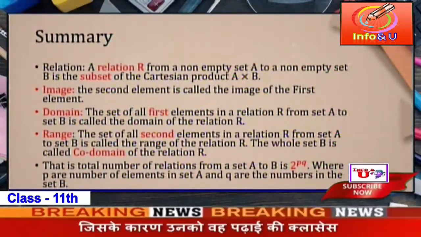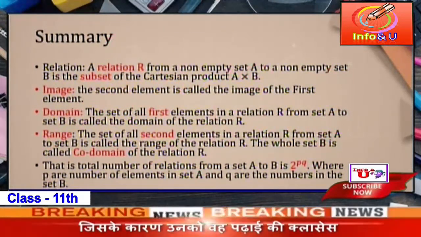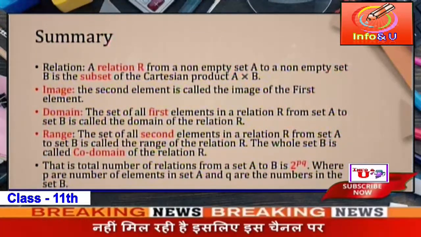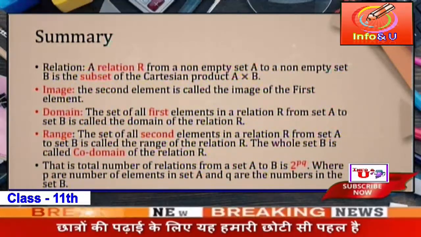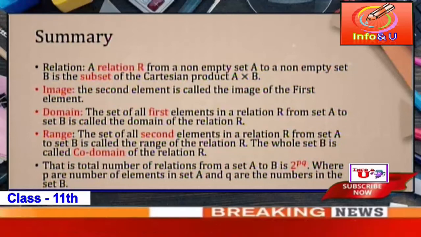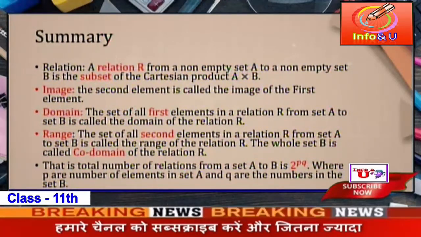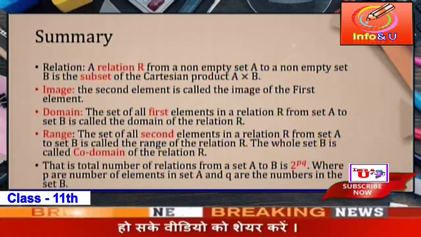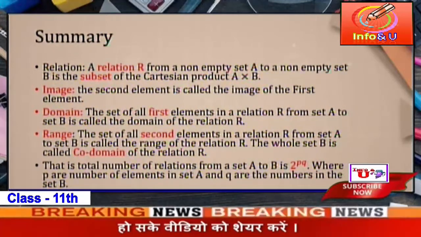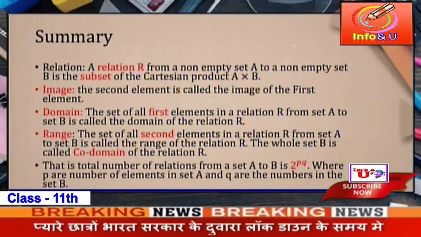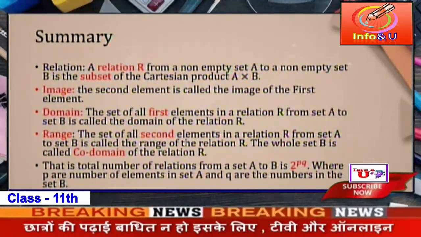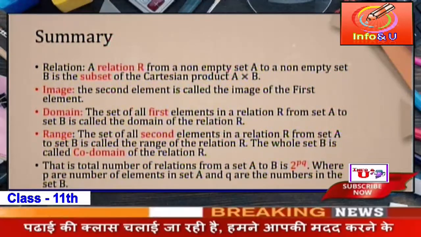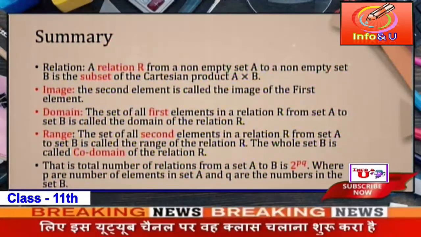So let us see what we have learned today. Today we have learned what a relation is. That is, a relation R from a non-empty set A to a non-empty set B is a subset of the Cartesian product A with B. Next, what is an image? The second element is called the image of the first element.